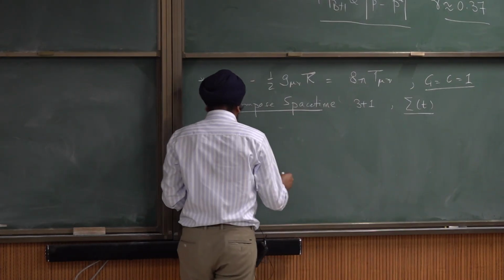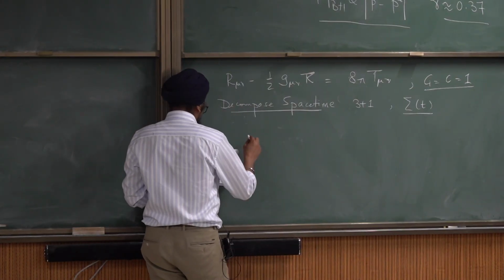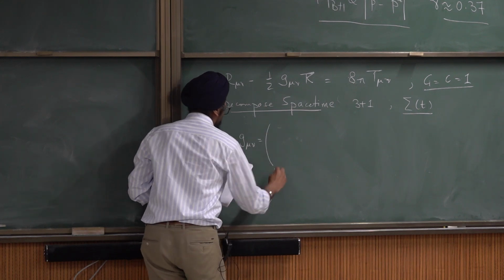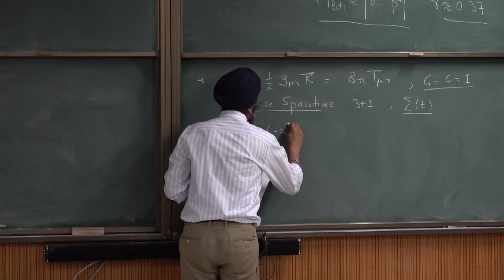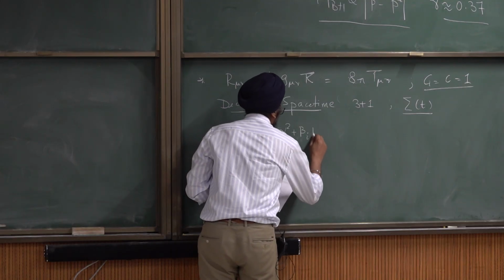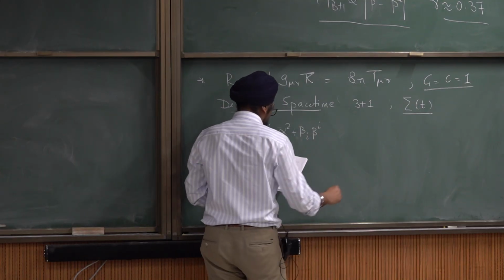Given a foliation, the 4 metric is given by minus alpha squared plus beta.